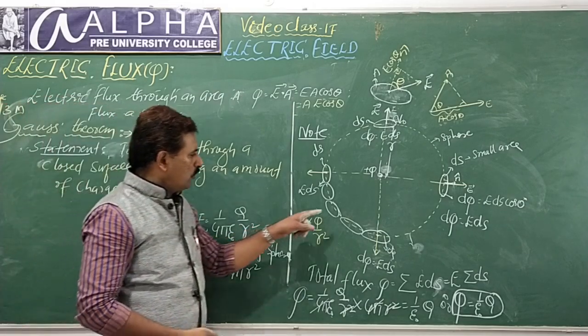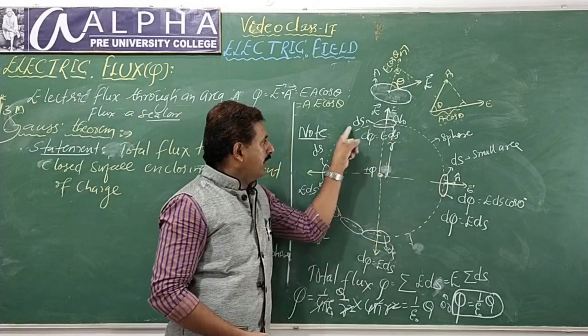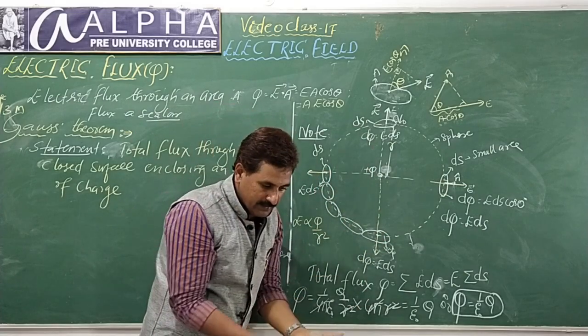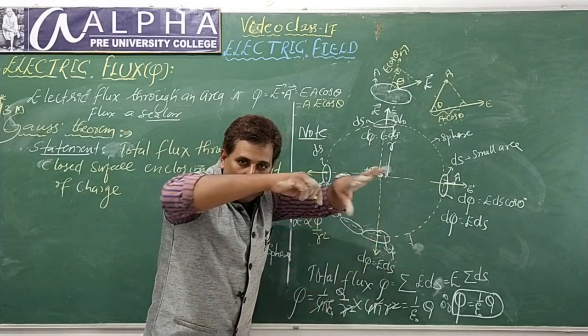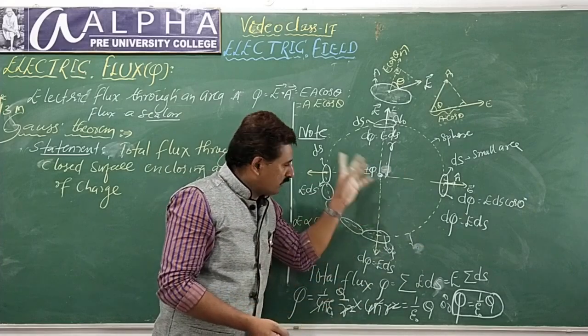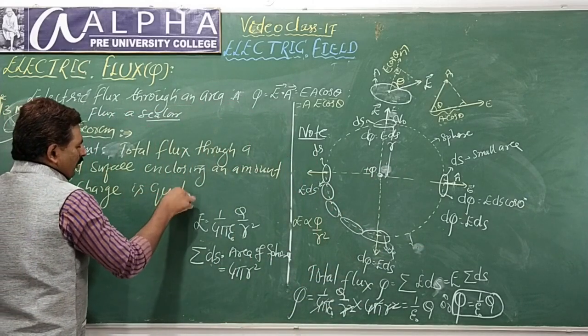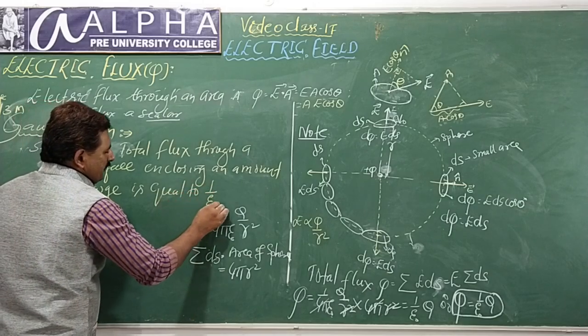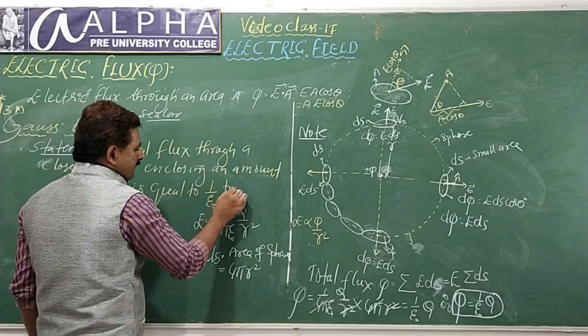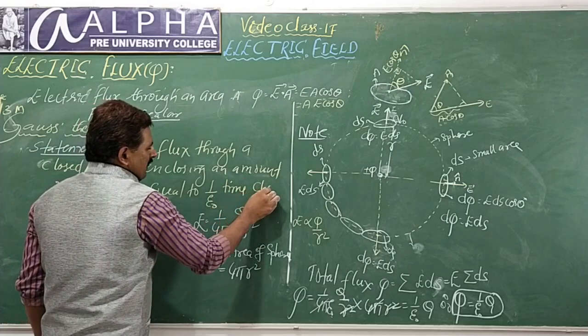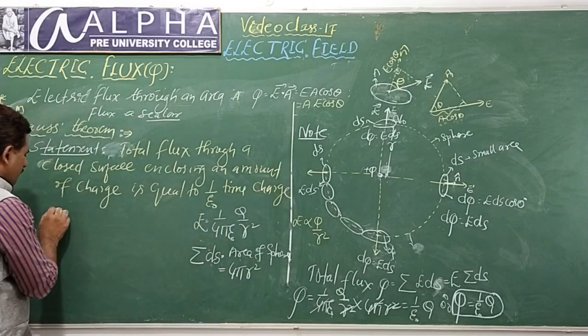Here, the total flux through the entire surface, a closed surface, it is not open, completely closed all around, which encloses a charge, is equal to 1 by epsilon 0 times the charge enclosed by it.